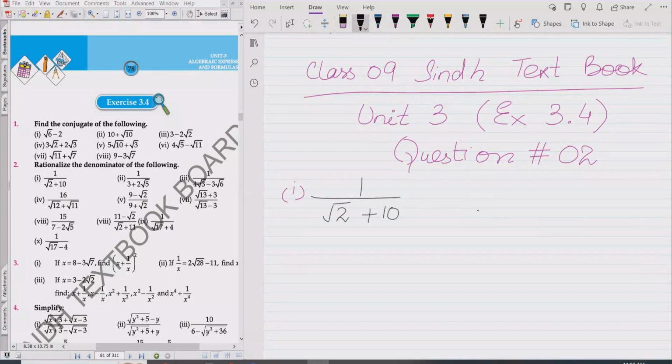Now we have to simplify this question. First we take the conjugate of this expression and multiply it in the denominator and numerator.